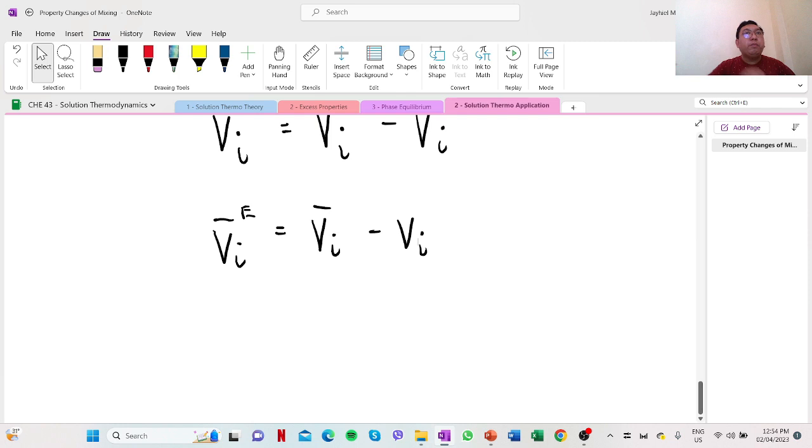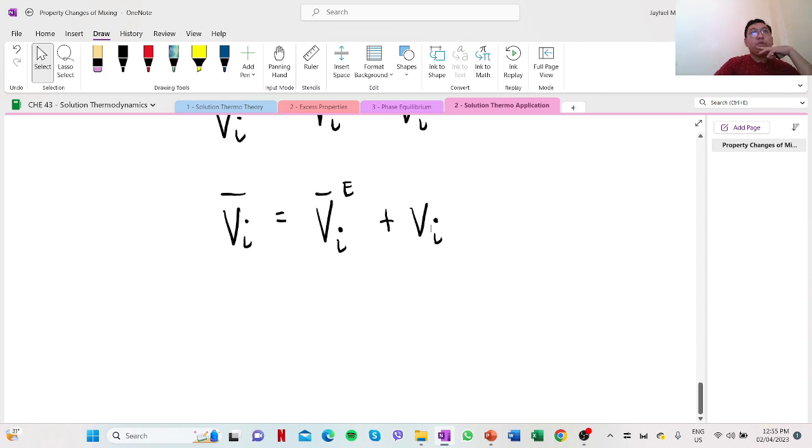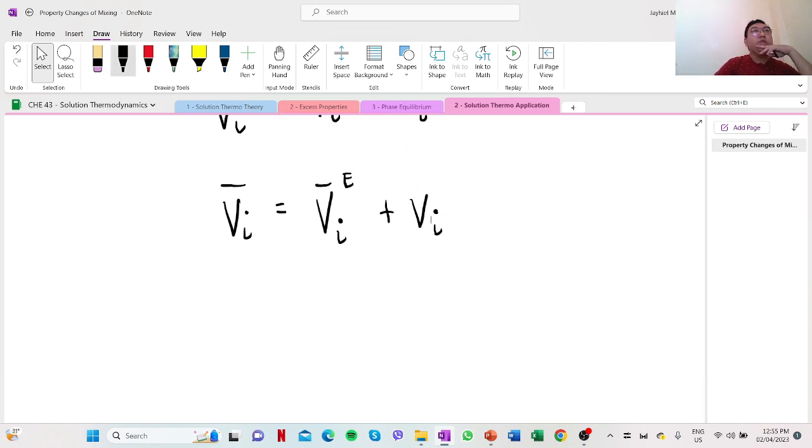For you to know the partial molar property, you just transpose that one and you will get partial molar property is equal to the excess property plus the pure component thermodynamic property. So basically that's just how you are going to do that.